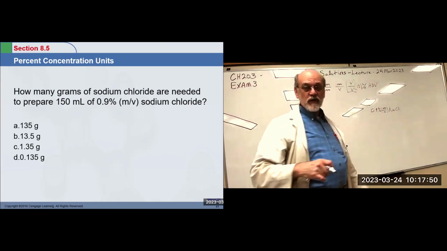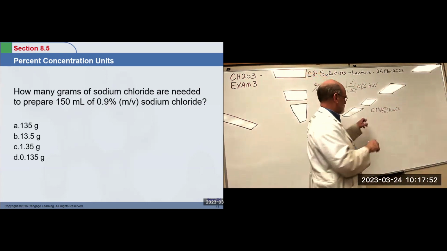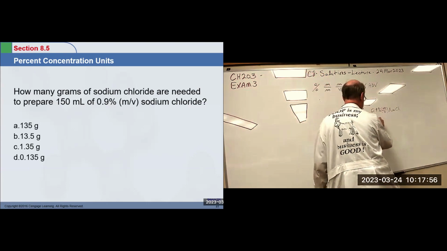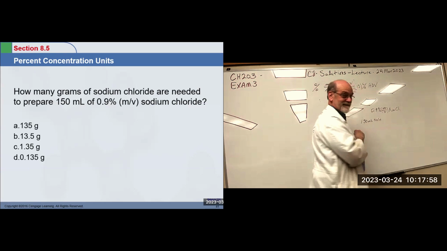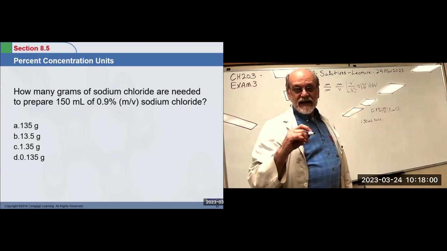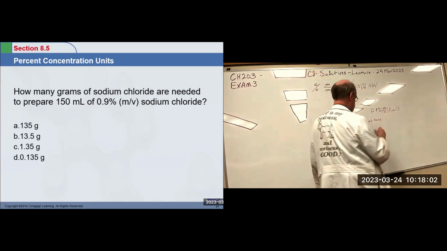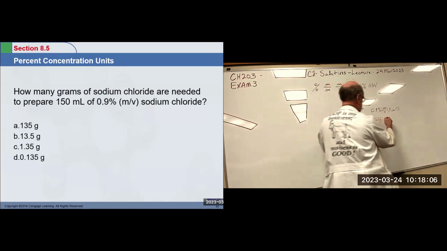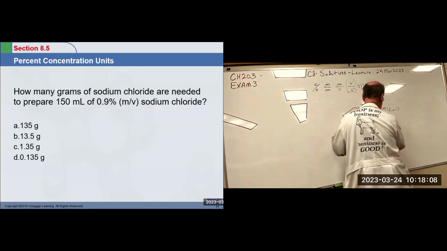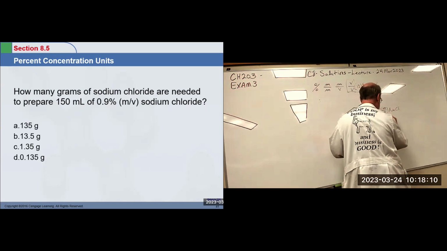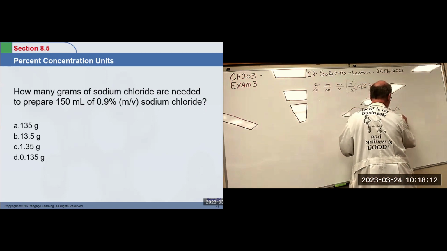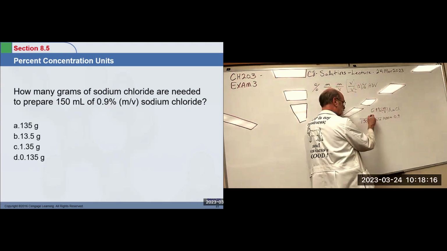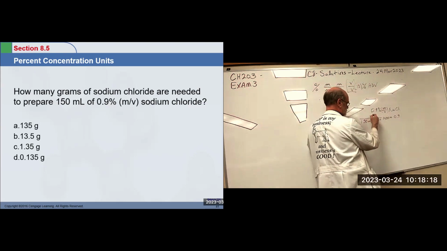Okay, we want 150 milliliters of solution. Okay, and we want it to be equal to, let's see, times 100 equals 0.9. Okay, so we're solving for this value up here.